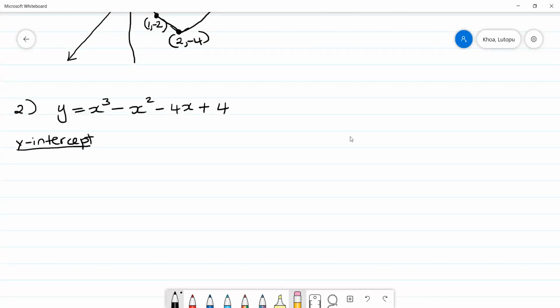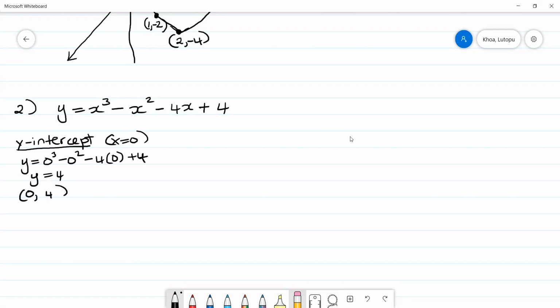At the y-intercept, x is equal to 0. So we have y is equal to 0 cubed minus 0 squared minus 4 times 0 plus 4. So y is equal to 4, and our y-intercept has the coordinates 0, 4.